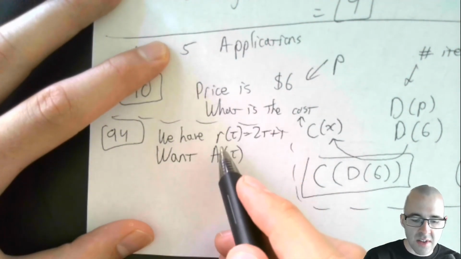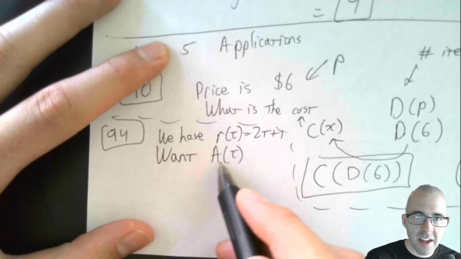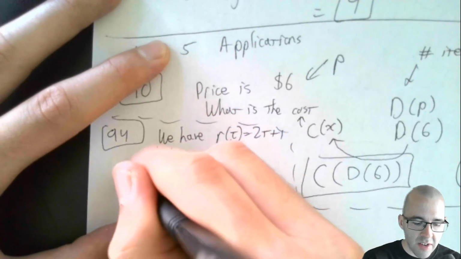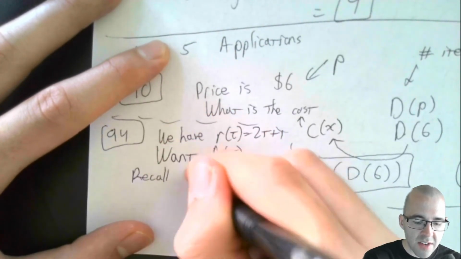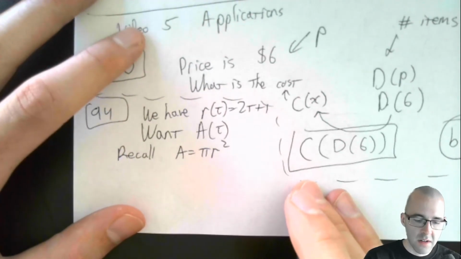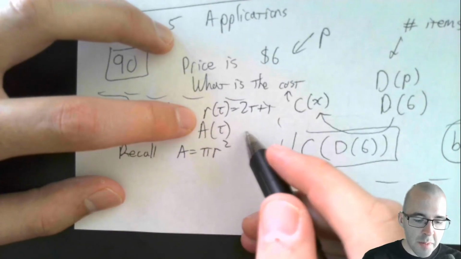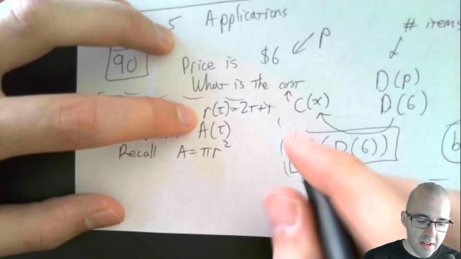Well, if we have a radius of a circular area, how do I find the area? Well, the area of a circle is pi times the radius squared. So the area over time is going to be pi times the radius squared.